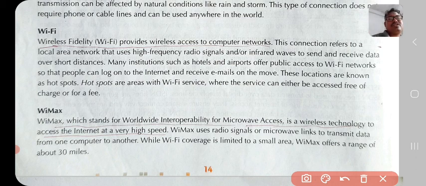Many institutions such as hotels and airports offer public access to Wi-Fi networks so that people can log on to the internet and receive email on the move. These locations are known as hotspots. Hotspots are areas with Wi-Fi service where the service can either be accessed free of charge or for a fee.